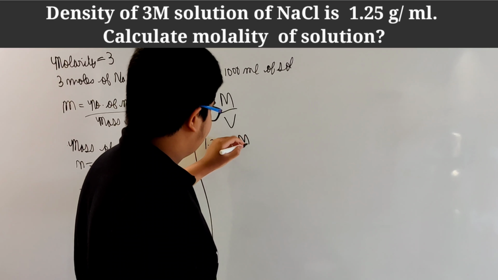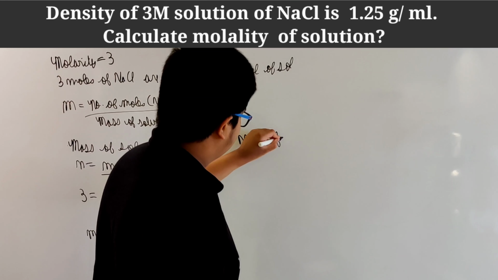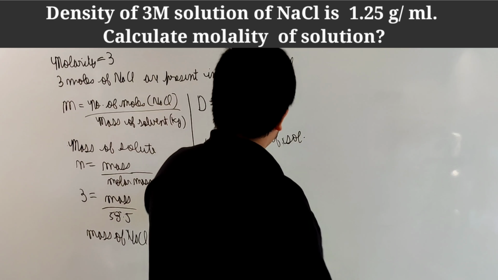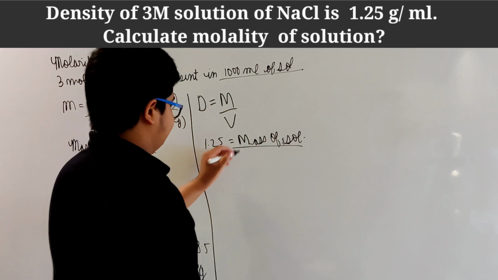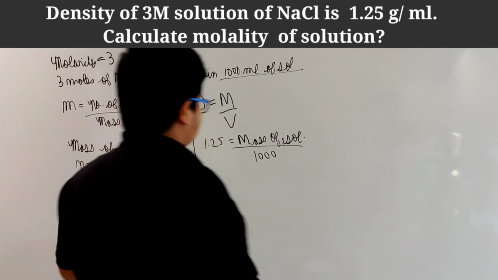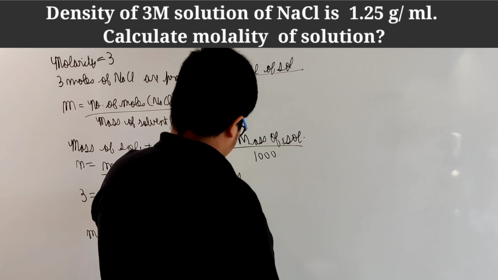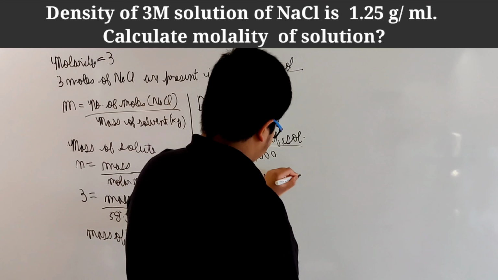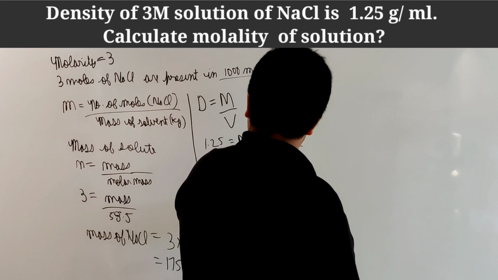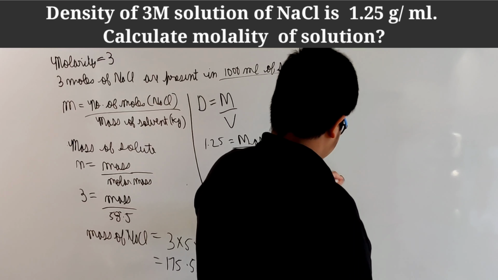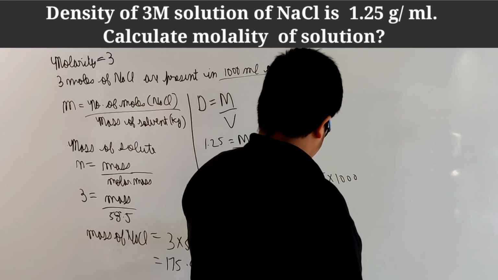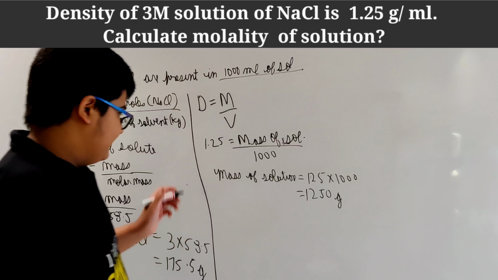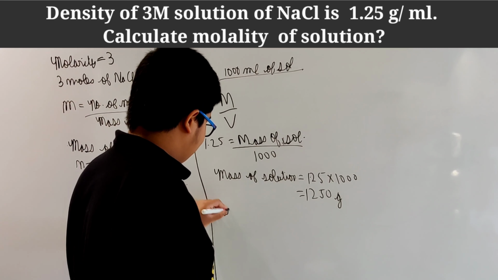Mass of solution we have to find, and volume of solution we know as 1000 ml. So mass of solution will become 1.25 into 1000, that is 1250 gram.